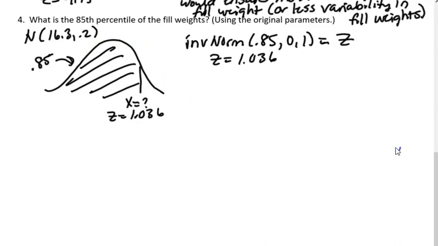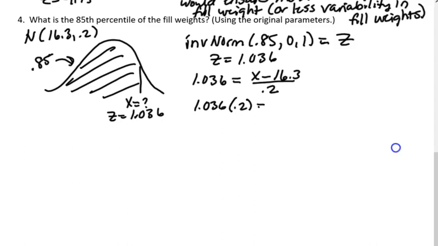So remember that 1.036 being our z-value is x minus mu divided by sigma. So we could say here that the number of standard deviations, 1.036, times the standard deviation equals x minus 16.3, or 16.3, the mean, plus 1.036 standard deviations above the mean gives me x.